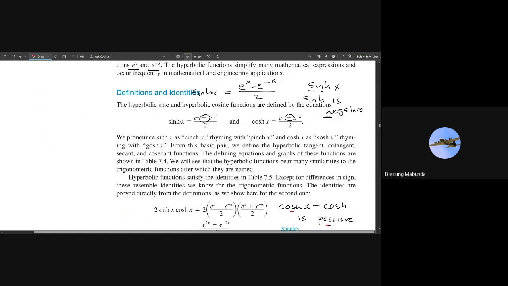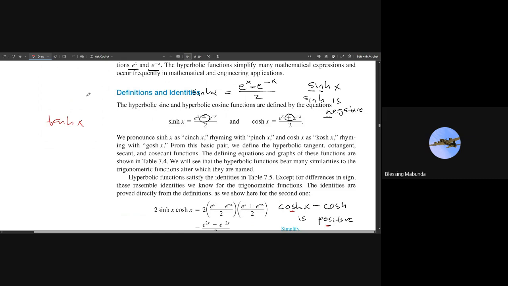And you know that once you have a sinh and a cosh, well, a sine and a cos, you can also define your tan. So you can also define the hyperbolic equivalent of tan.